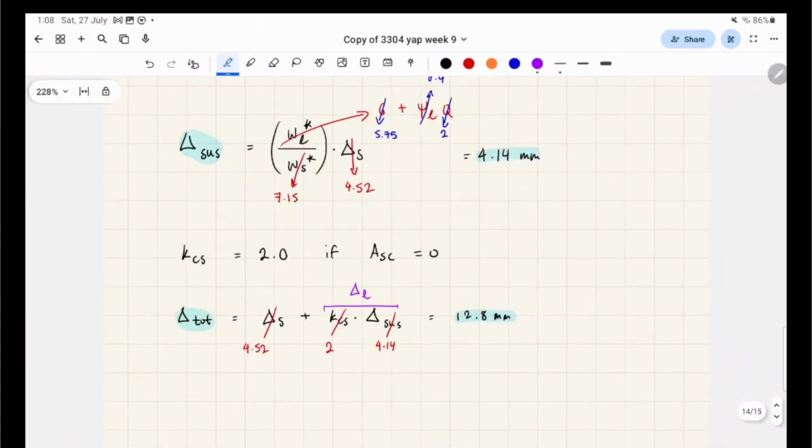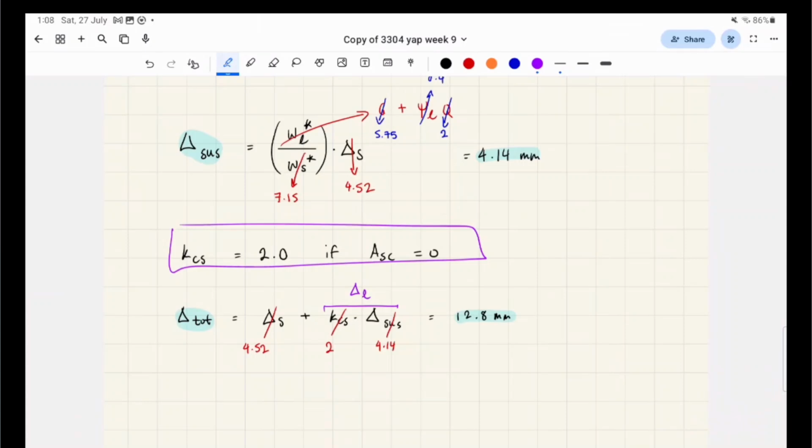And then KCS is, I forgot the name. The creep factor, I think. Creep shrinkage factor. If we have zero compressive steel, which we don't in this section, this value is equal to 2. There's an extended formula for that in my notes from last week.